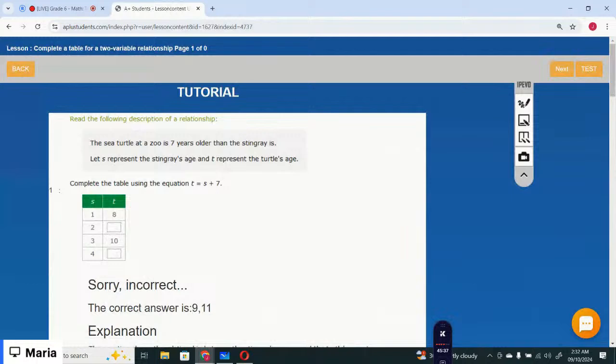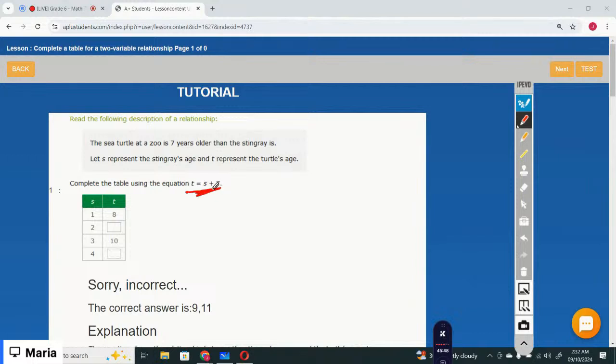The sea turtle at the zoo is 7 years older than the stingray is. Let S represent the stingray's age and T represent the turtle's age. So you are given the equation T equals S plus 7. You need to find the values of T when the value of S is given. So here S is 2, right?